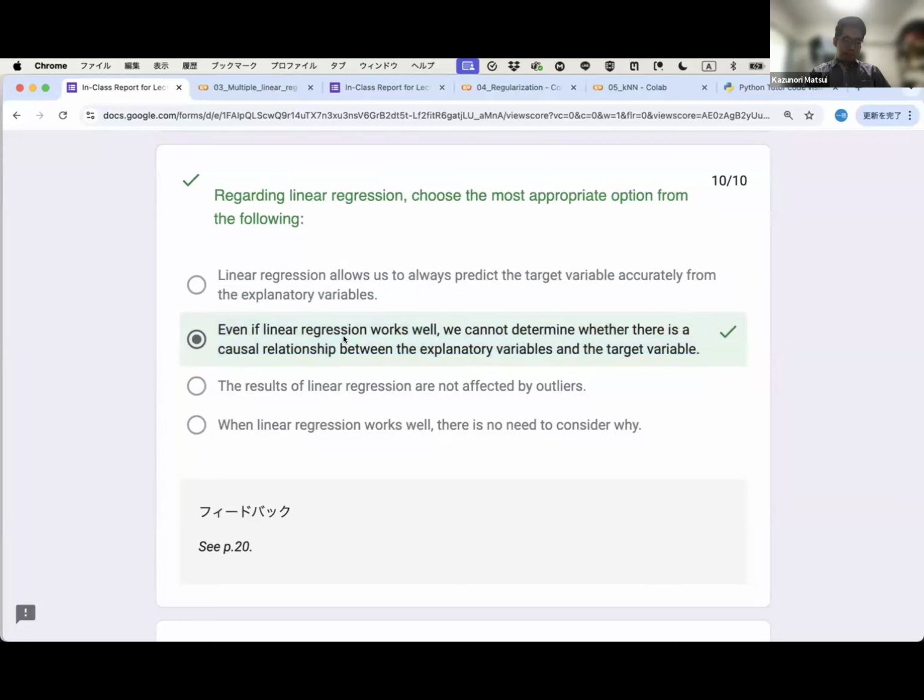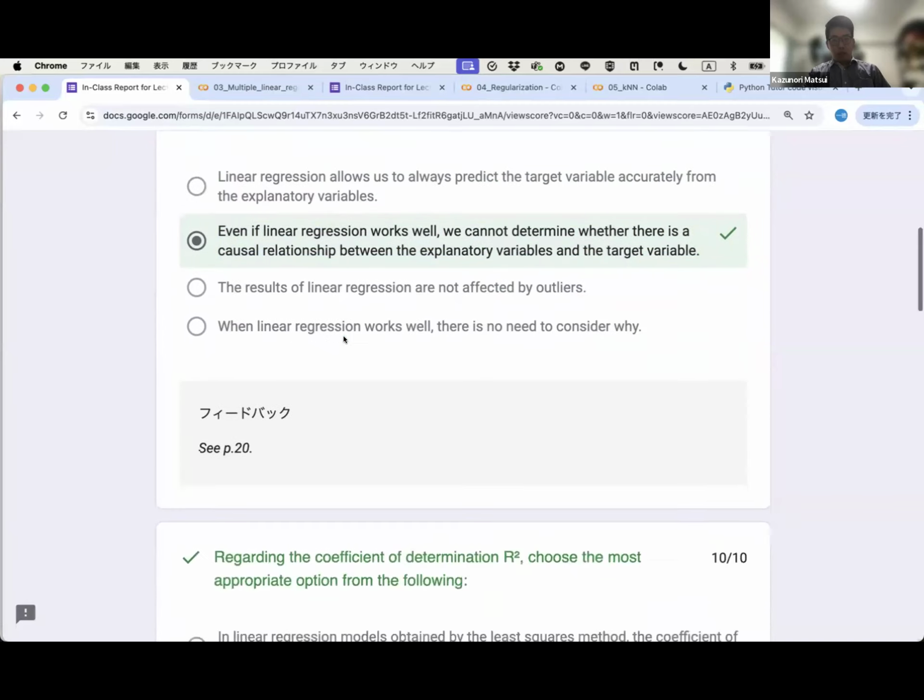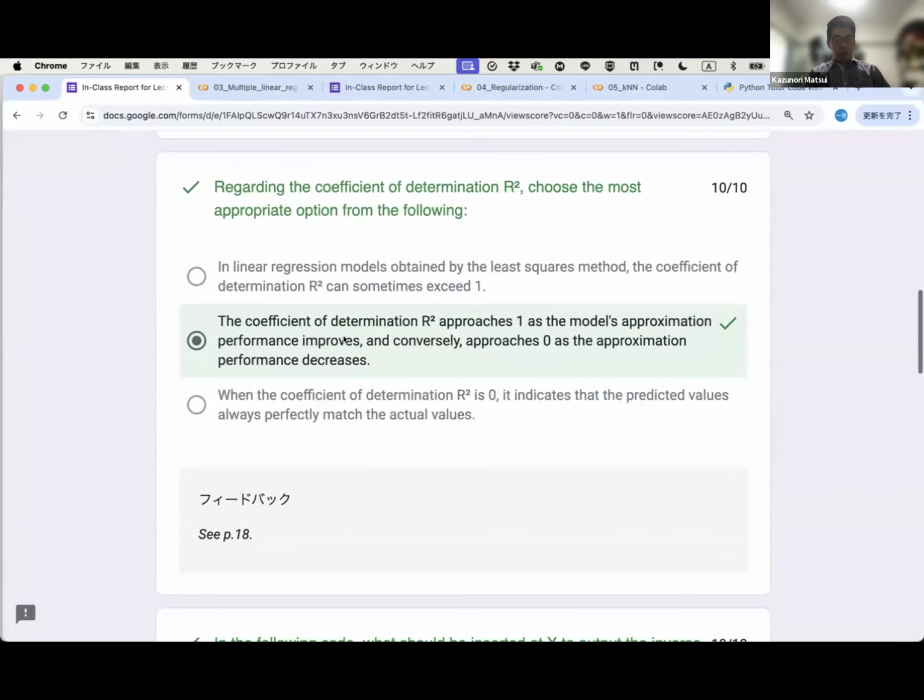Okay, let's go to the next question. The next question is about the coefficient of determination. For the linear regression model obtained by the least square method, the coefficient of determination is between 0 and 1. So the coefficient of determination cannot exceed 1.